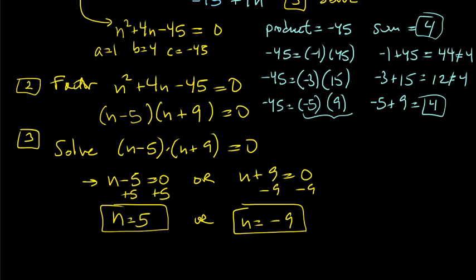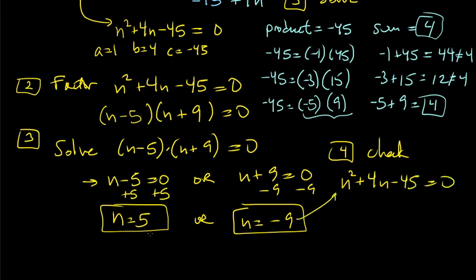Okay, and these are the solutions. Don't forget step 4. You should check. In fact, I'll let you do that here. Here's the original equation. Plug in the negative 9 for n and see if you get 0. Plug in the positive 5 for n and see if you get 0. Okay, so you did that.